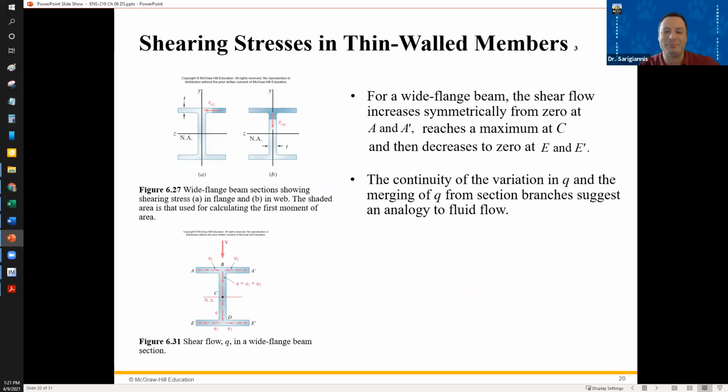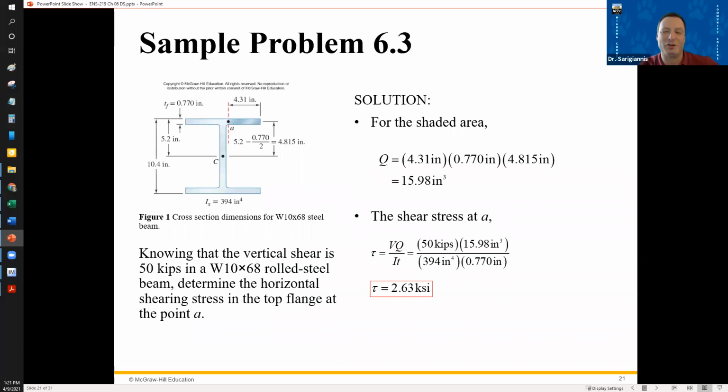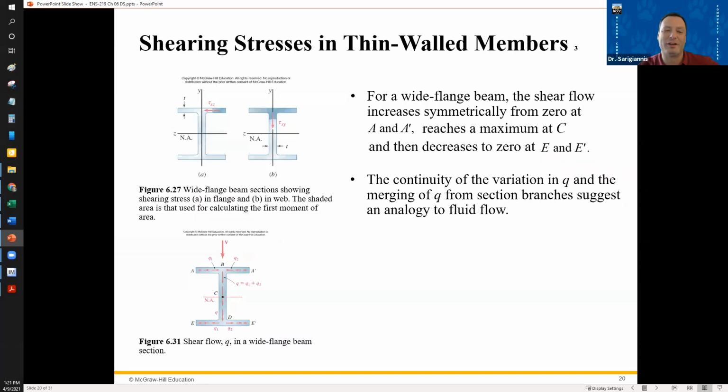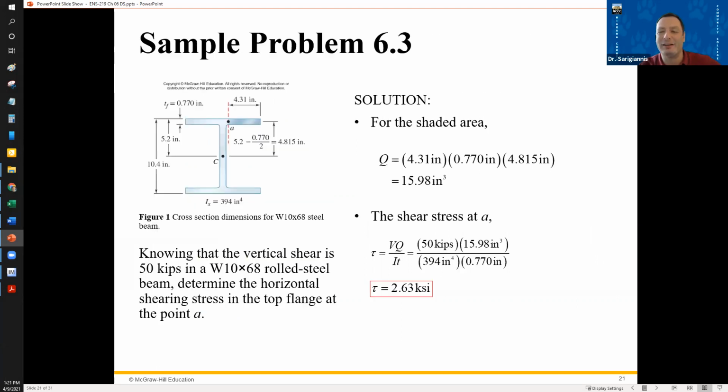Now, I've never really bought into that analogy, but it's more of a flow of shear concept. If you do more advanced shear analysis, you start to deal with that as sort of a flow in quotes.